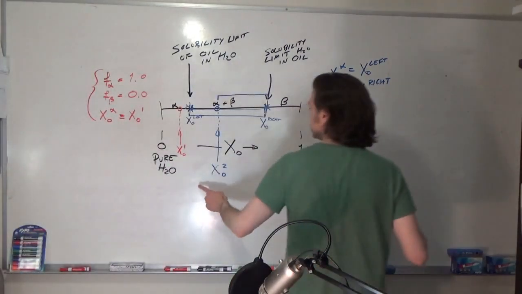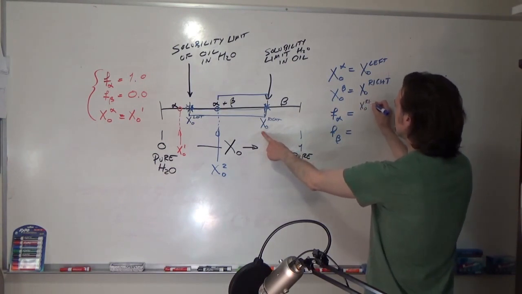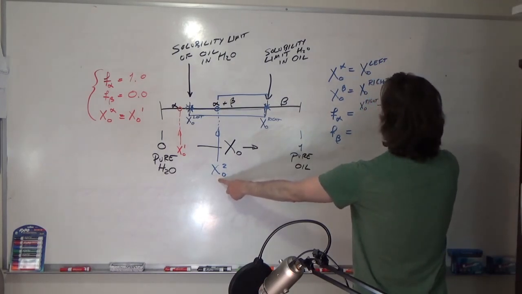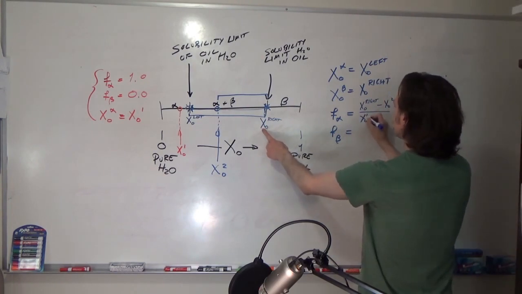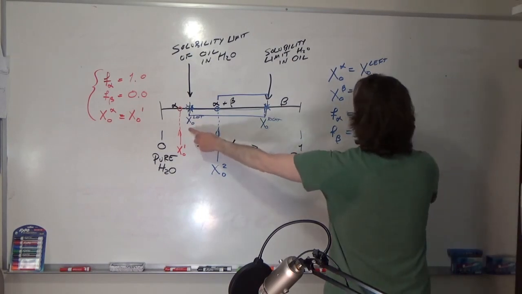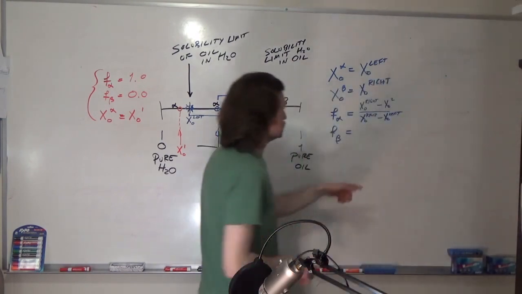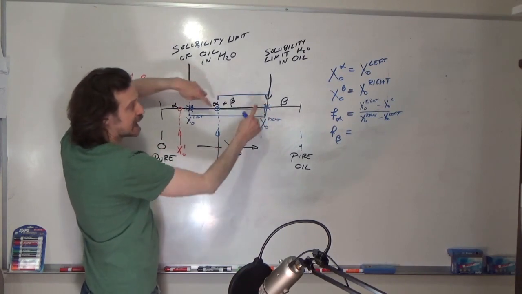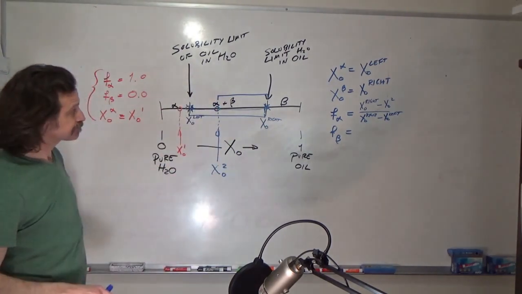So the fraction of alpha, in our case, is going to be given by XO right minus XO2, divided by XO right minus XO left. So XO right minus XO2 is that distance, and XO right minus XO left is that distance.